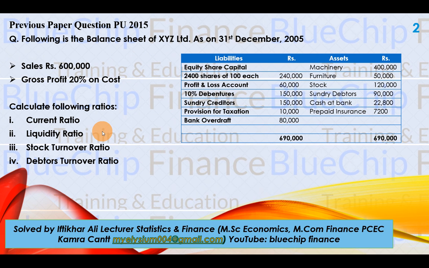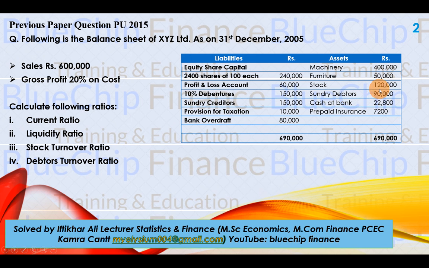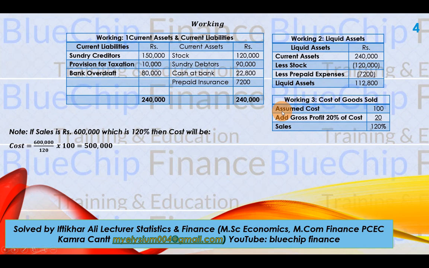We already discussed several times that liquid assets equal current assets minus prepaid expenses and minus stock. So our liquid assets are 240,000 minus 120,000 and minus 7,200. These are calculated here in working number 2.